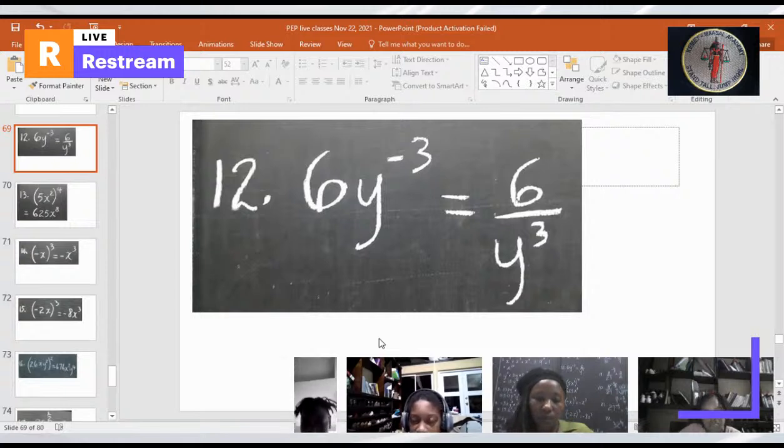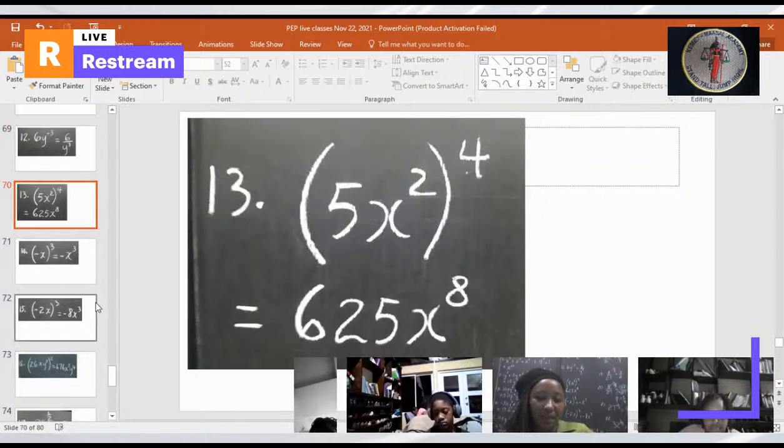Change the negative 3 to 3, because it's at the bottom of the division sign, right? So we write back the 6 as a whole number up top, and since the y is being raised to a negative power, we know it's going to be down the bottom. So it's 6 over y cubed. All right, Imani, number 13.